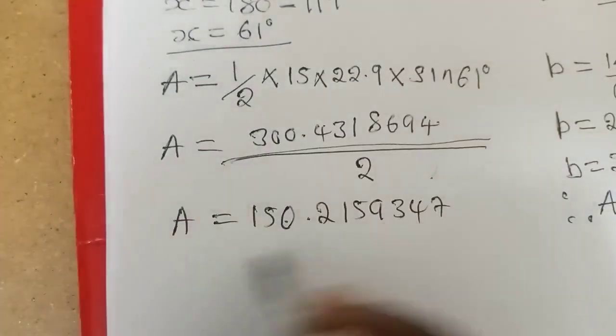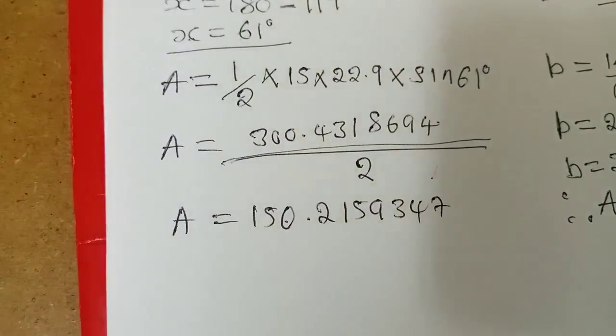So you're finding the area, and its units are either meters squared, kilometers squared, or miles squared, but you follow the units that we have here.